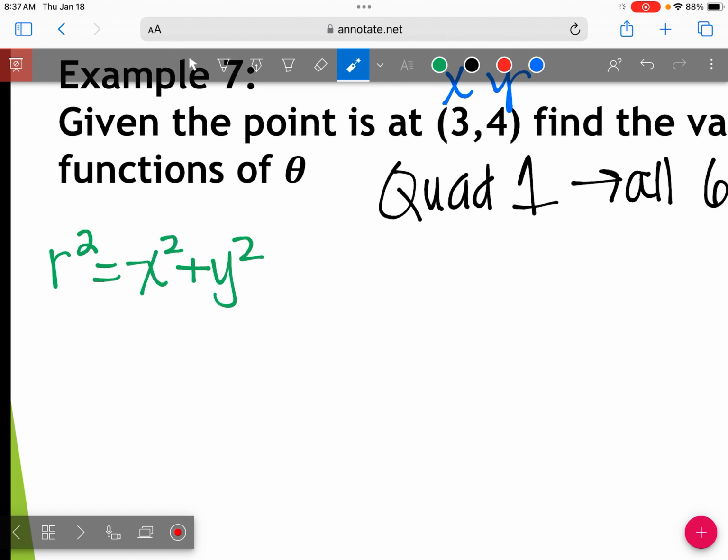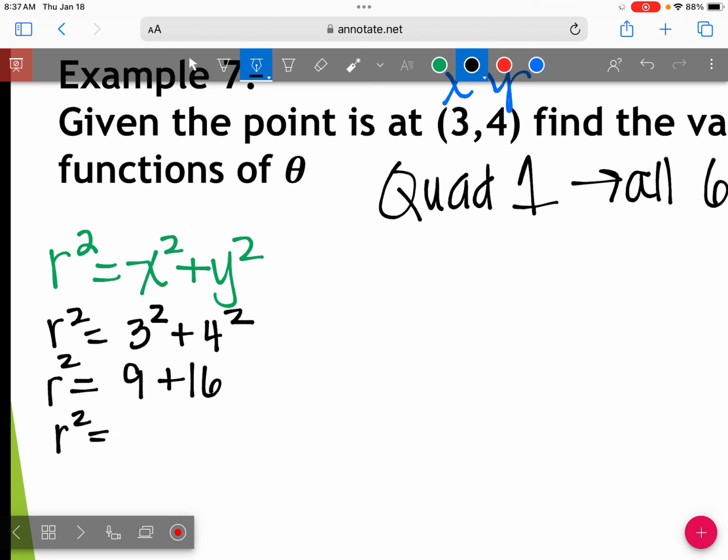All right, I'm going to go ahead and solve it out, though, just in case you don't remember that. So we know that r squared equals x squared, which is 3, plus y squared, which is 4. And what is 3 squared? 9. And what's 4 squared? 16.